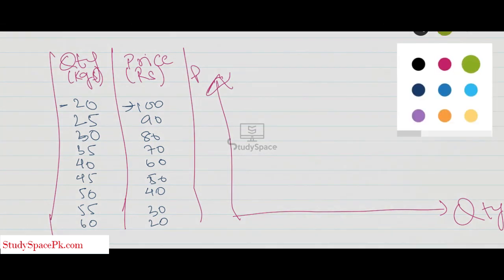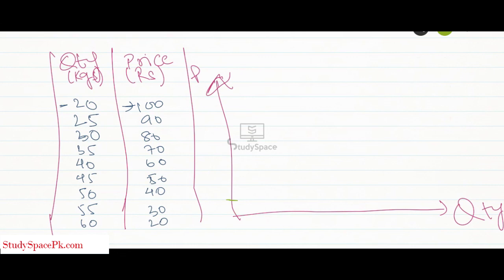So let me put on the prices: 20, 30, 40, 50, 60, 70, 80, 90, 100.